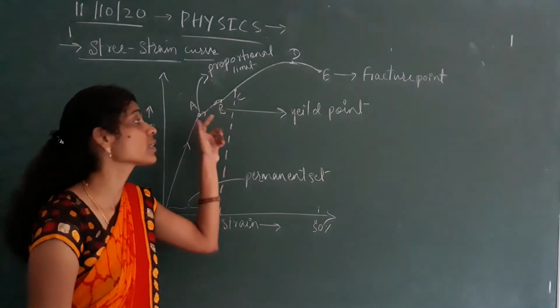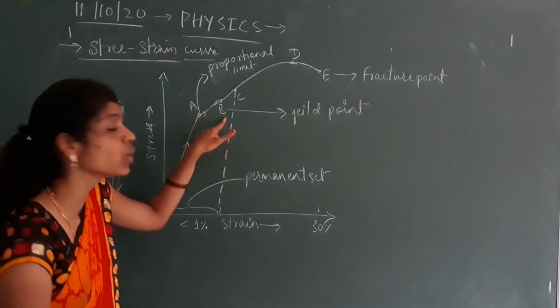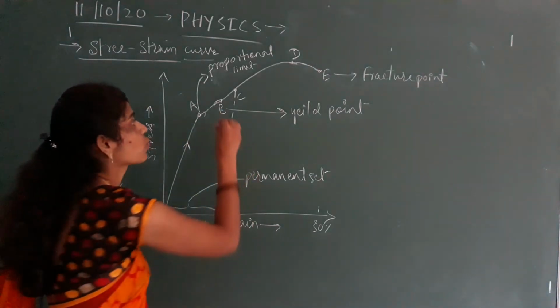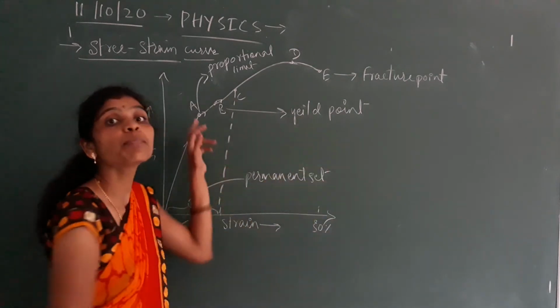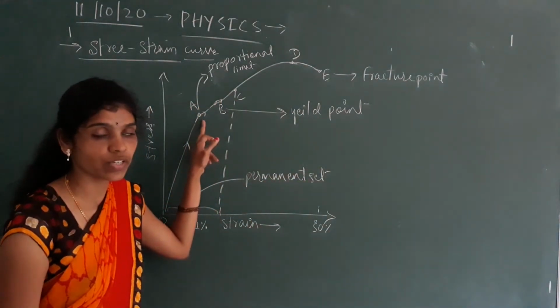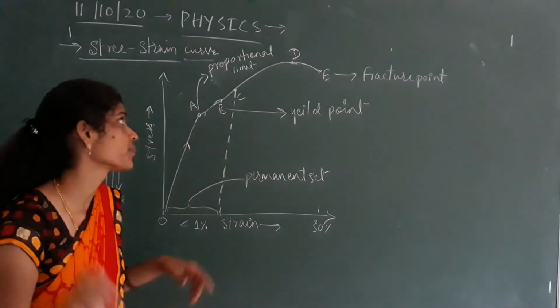But in this region, Hooke's law is not satisfied. Therefore, the point B is called the yield point. It can regain its original configuration, but in the region from A to B, Hooke's law is not valid.